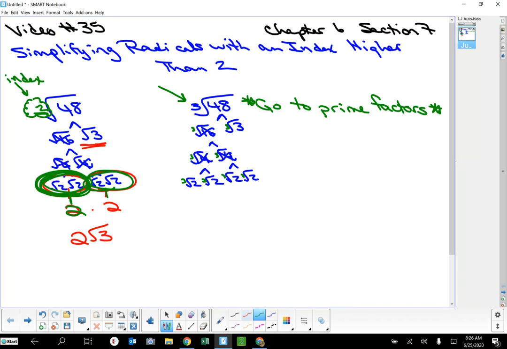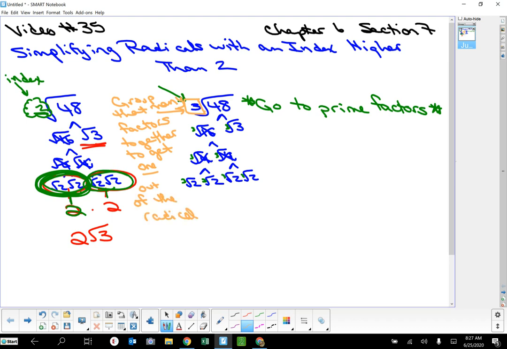So you need to note the value of the index, and you need to group that many factors together to get one out of the radical.